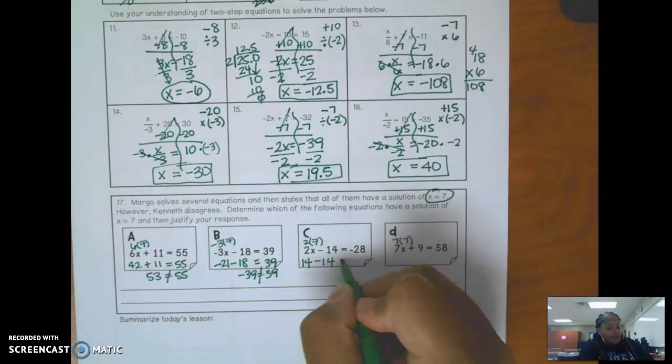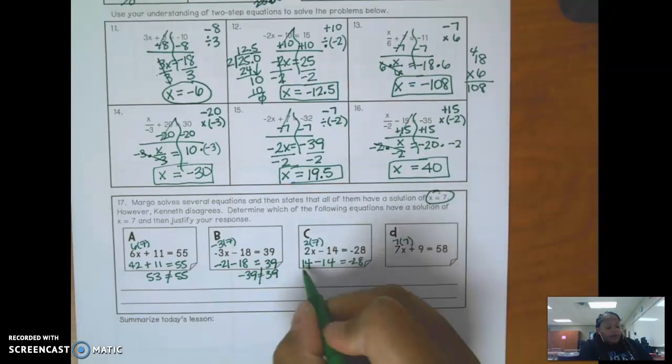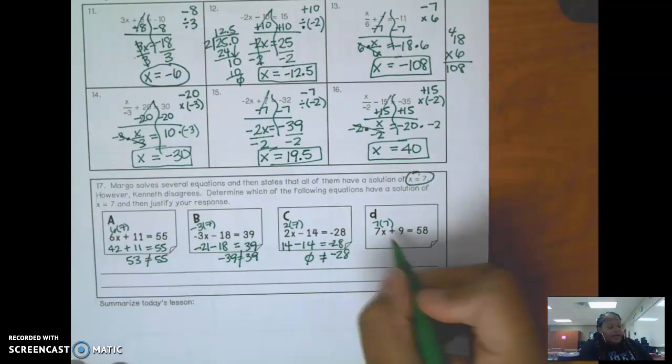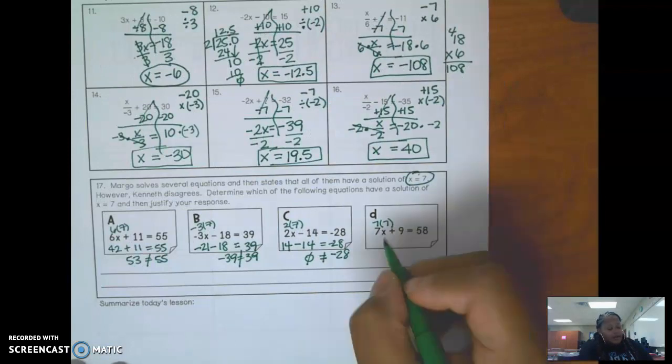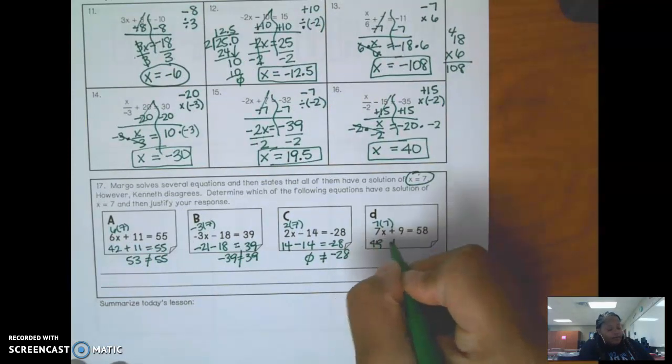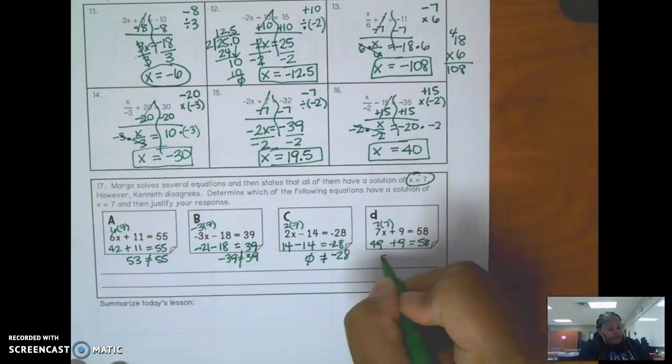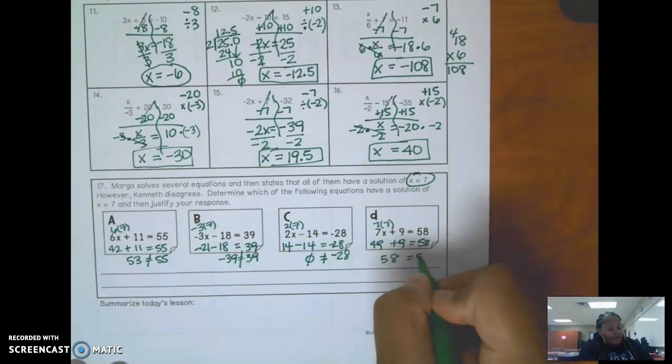Minus 14 equals negative 28. 14 minus 14 is 0. 0 does not equal negative 28. And the last one, 7 times 7 is 49. Plus 9 equals 58. This is the only one that is correct.